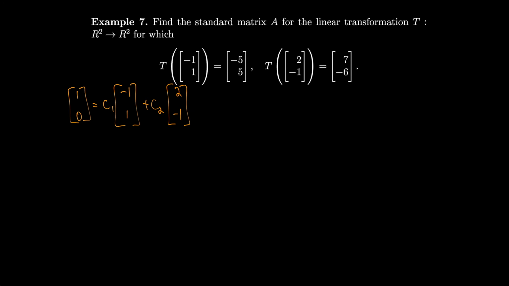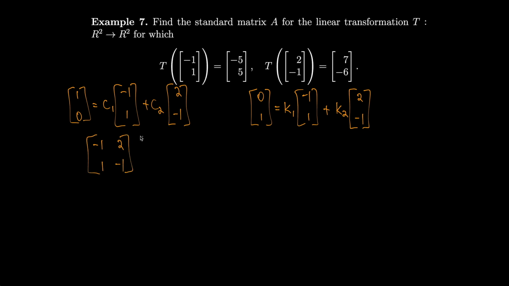Similarly, for my other standard basis vector, because we're in R2 there's only one other one, it's 0, 1. It would have to be some other constants, let's say k1 times minus 1, 1 and k2 times 2, minus 1. I could write this as the matrix with columns minus 1, 1 and 2, minus 1 times c1, c2, and I know that has to equal 1, 0.